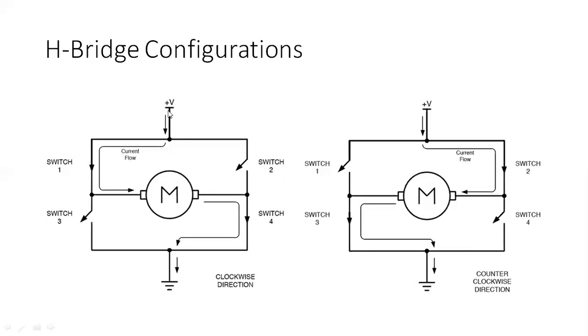You know that once the circuit is connected and completed, then current will flow. So the current will flow like this, through switch 1 to the motor, and from here through switch 4, then it is connected to the ground point, so that the circuit is completed. So the motor will run in the clockwise direction.